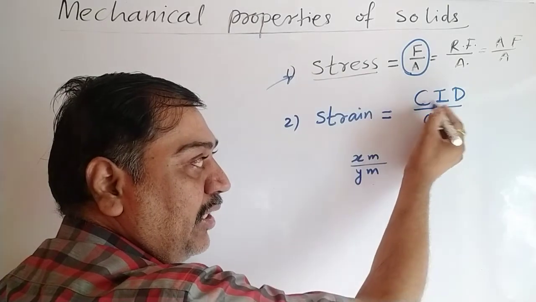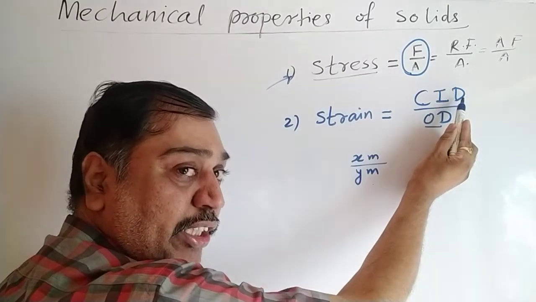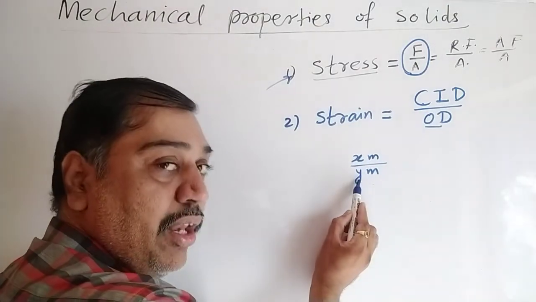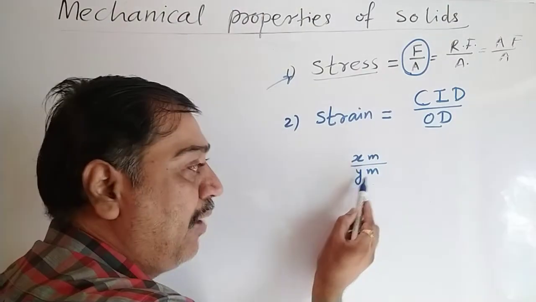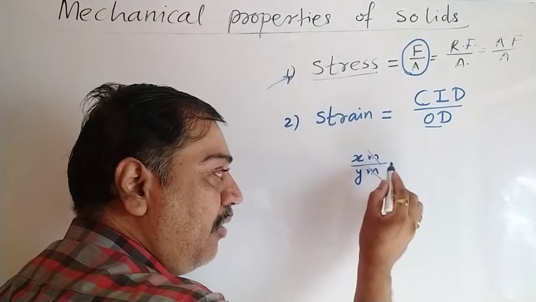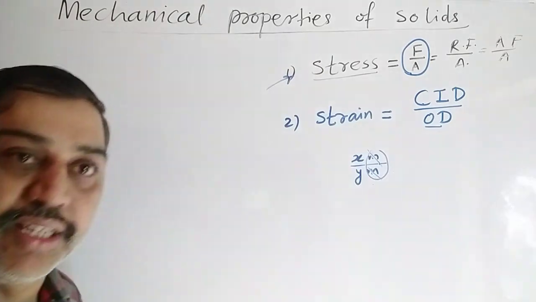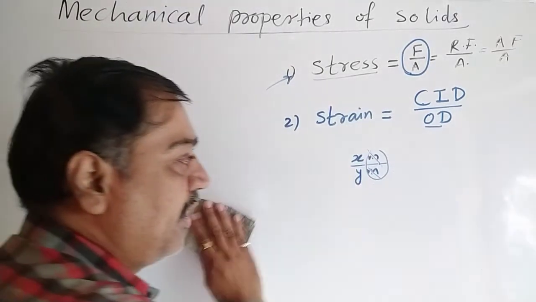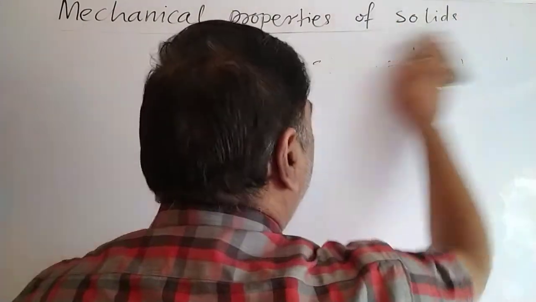We measure change in length divided by original length: x divided by y, both measured in meter. So the meter gets cancelled out and there is no unit. So it is a unitless or dimensionless quantity. I hope all of you get this.